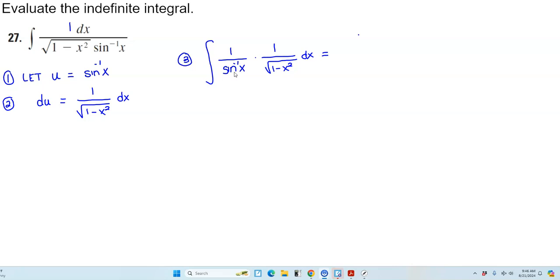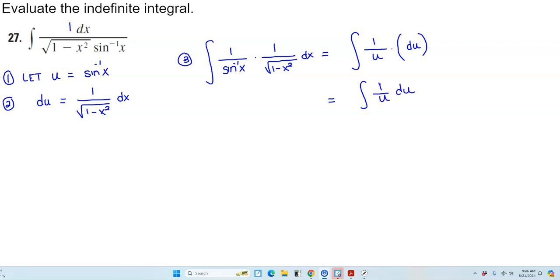And now we can go ahead and put in the substitution. So we know that the sine inverse x is u, so this is going to be 1 over u times the substitution, which is du. So now let's take the antiderivative of 1 over u du.